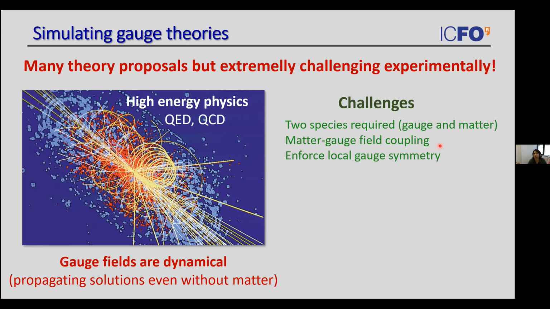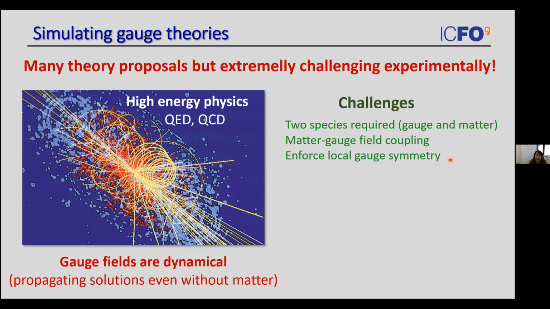For example, you want minimal coupling for QED, and then, and that's the hard thing, you need to enforce a local gauge symmetry in every point of space and time. Again, on the example of QED, you need to make sure that your system fulfills Gauss law. And that puts many constraints on the concerted motion between the gauge and matter particles.